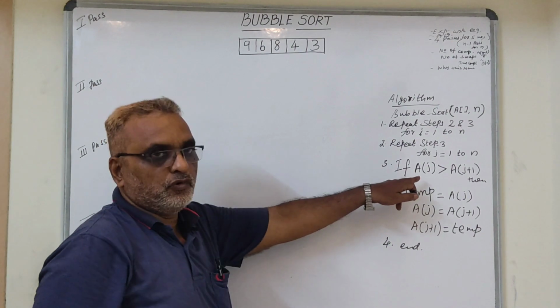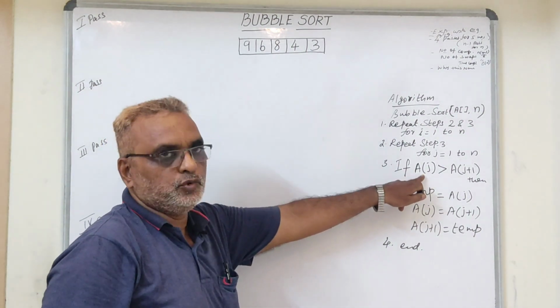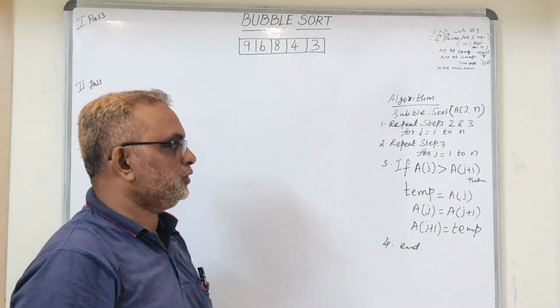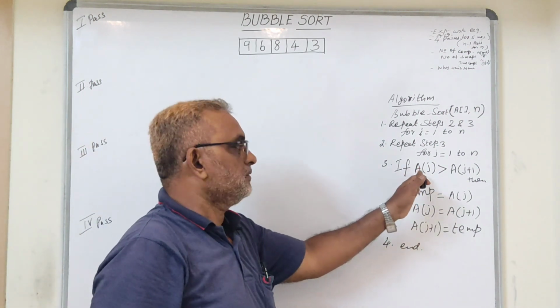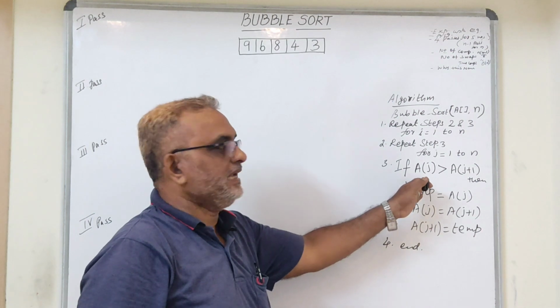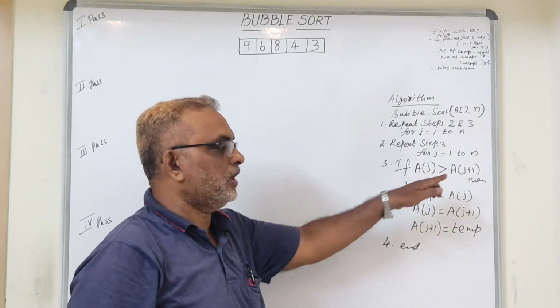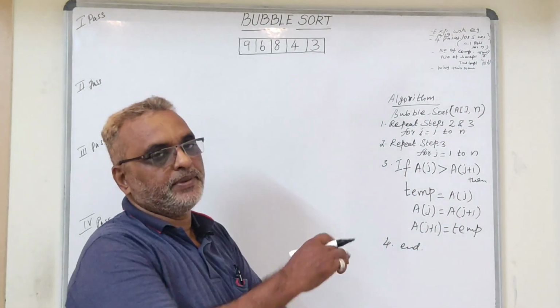So every time you are comparing a value with the consecutive value, the next value. If this value A[j] is greater than the next value, that is A[j+1], perform the swapping.